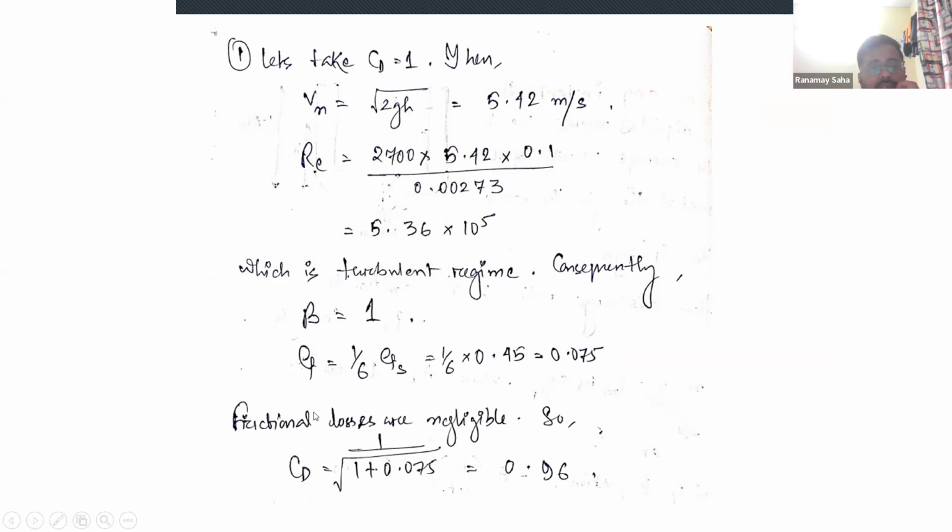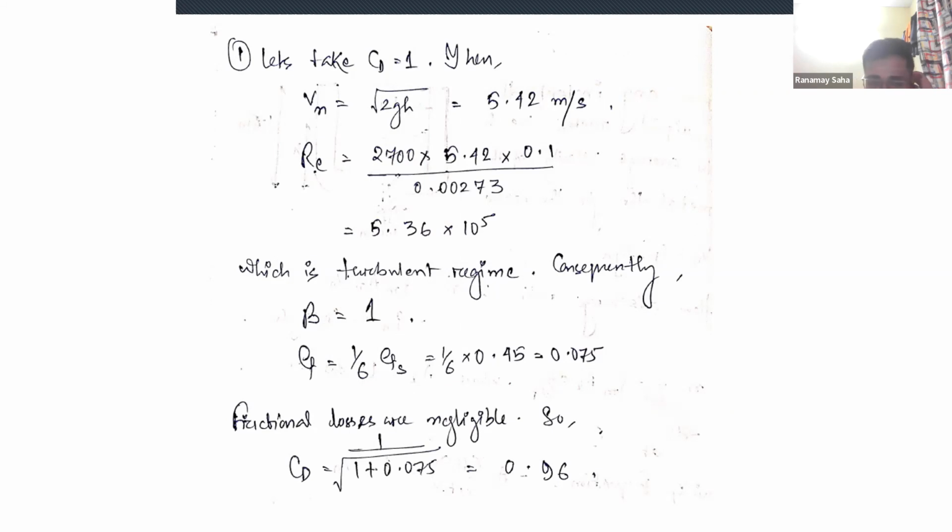Now, you can see that it is very low, isn't it? So frictional losses are almost negligible. In other words, the friction coefficient is indicative of frictional loss.